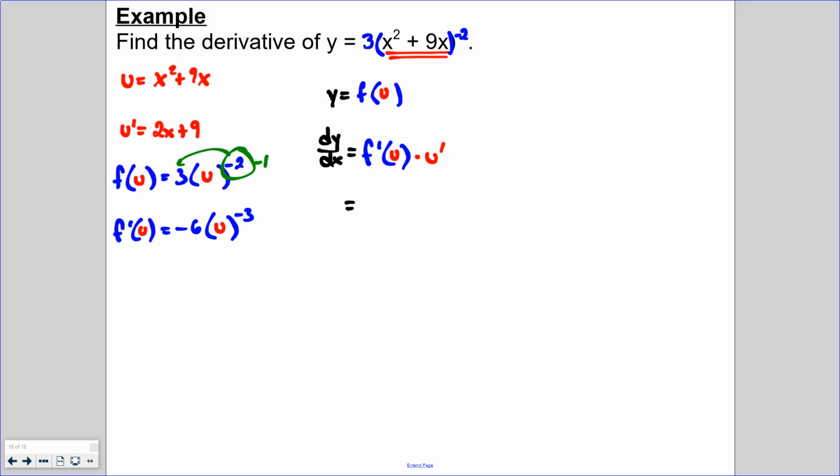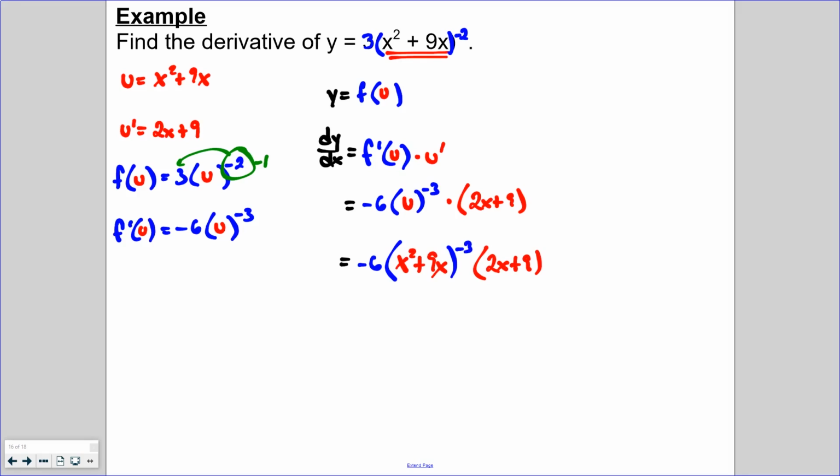We know that f prime of u is going to be negative 6 times u to the negative third power, and we know that u prime is going to be 2x plus 9. And then we can just substitute in our u value, and that's going to leave us with negative 6 times the quantity x squared plus 9x raised to the negative third power times 2x plus 9.